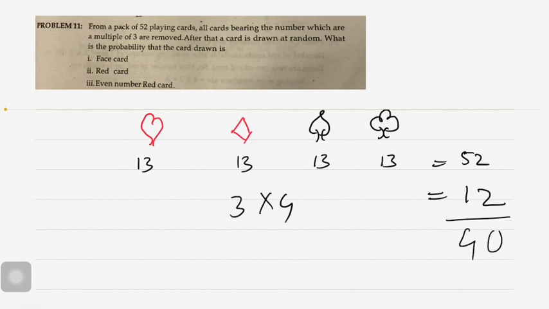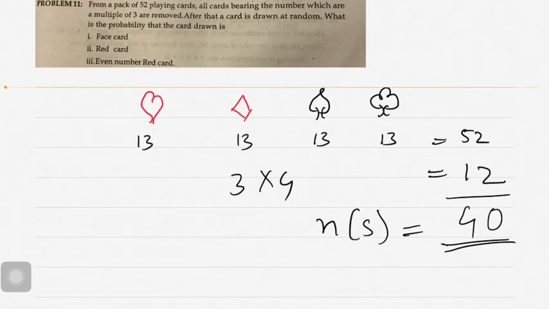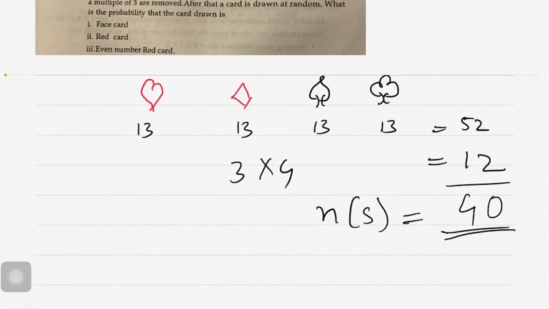Right? So you are removing 12 cards and then what is remaining is 40. So this is your n of S. From the 40 cards, after that, a card is drawn at random. So from 40 cards, you are selecting a card. So your n of S would be 40.